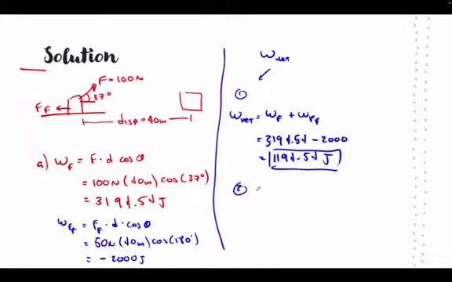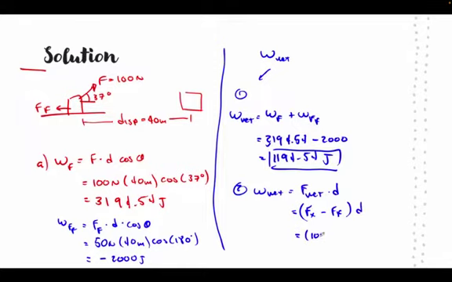Our second method to find net work is to find the net force that is parallel to the displacement and multiply it by the displacement. In this case, our net force is going to be equal to Fx minus friction force, times the displacement.